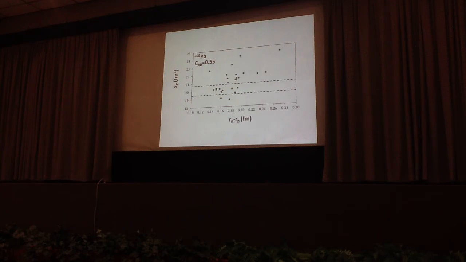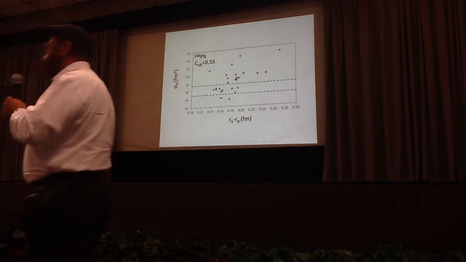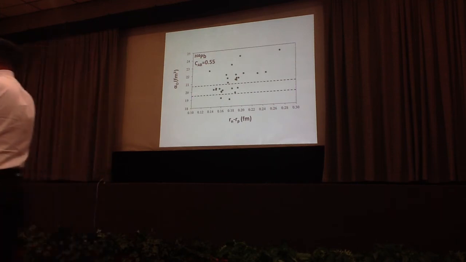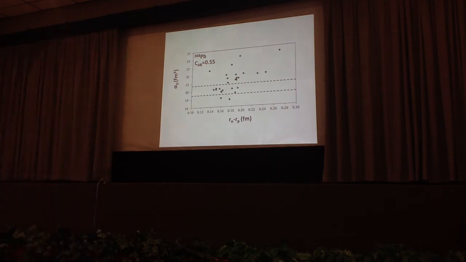The experimental paper used a theoretical result from the literature, in which the Skyrme interaction produced by Reinhard was varied, and they got a very small ellipsoid, and then determined that Rn minus Rp in lead-208 is about 0.17, plus or minus 0.02.